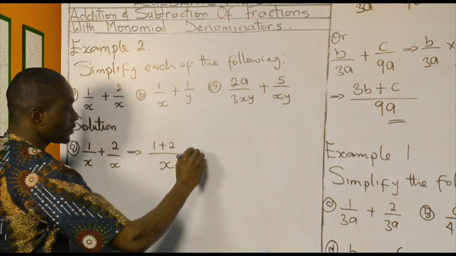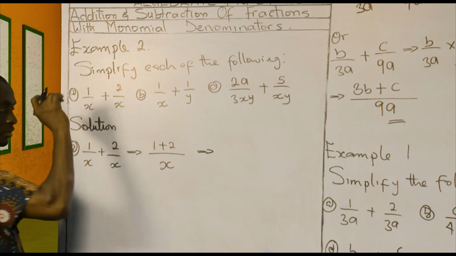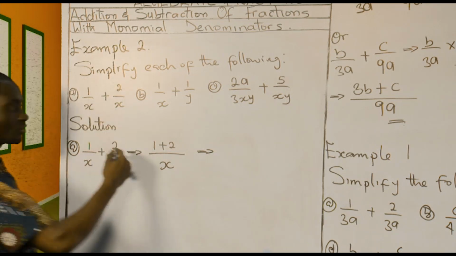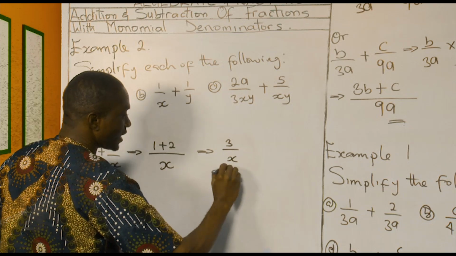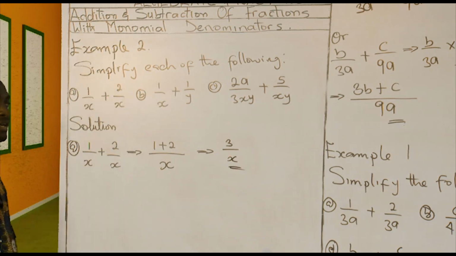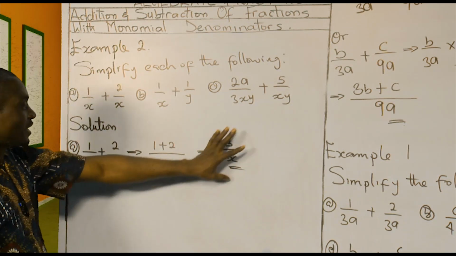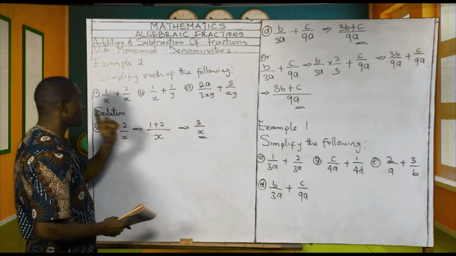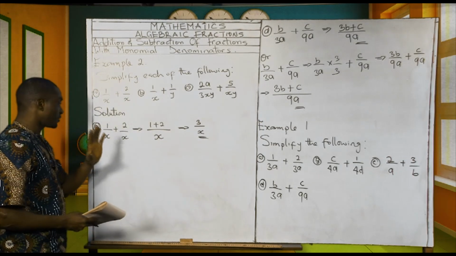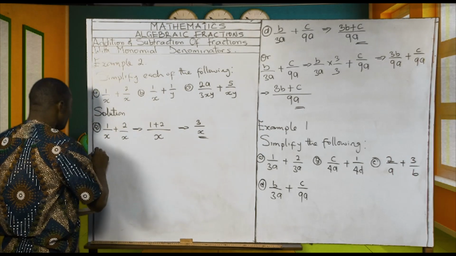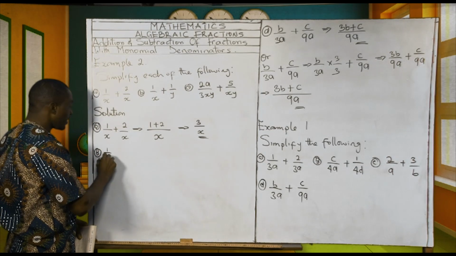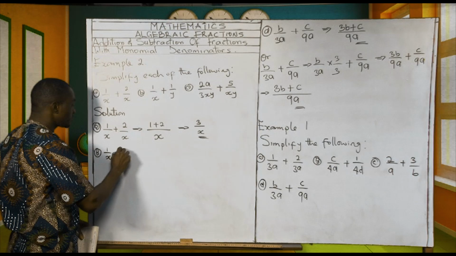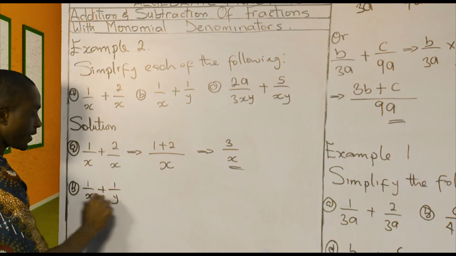Just sum up the numerators to give you 3 over x, and this will be the final answer, given as an algebraic fraction.